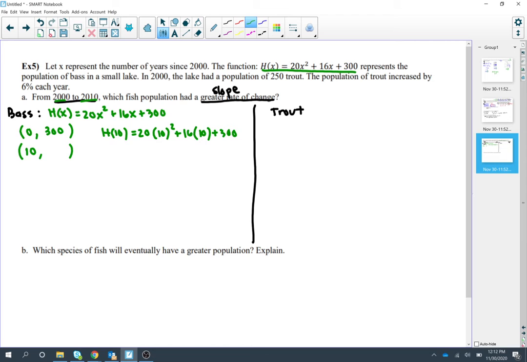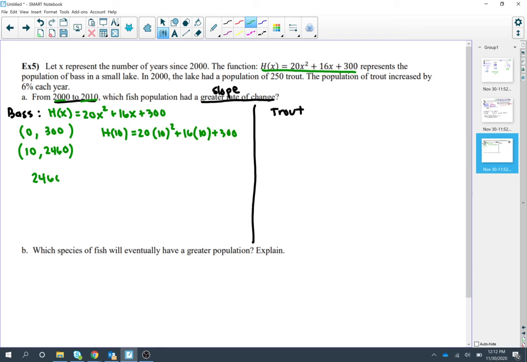Now, you take a second, pause the video. I'll take a second. We have to substitute this into our calculators. So I've got 20 times 10 squared plus 16 times 10 plus 300, which gives me 2,460. Now, if I want to know the rate of change between those 2 points, we're going to do the change in y.